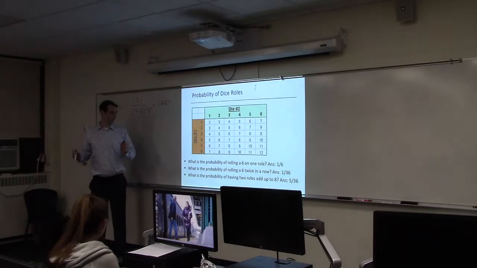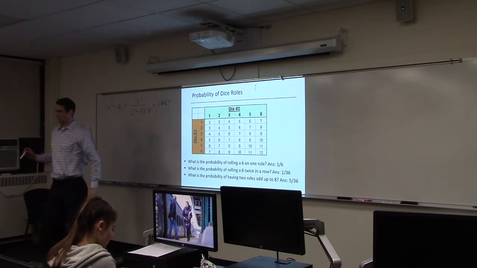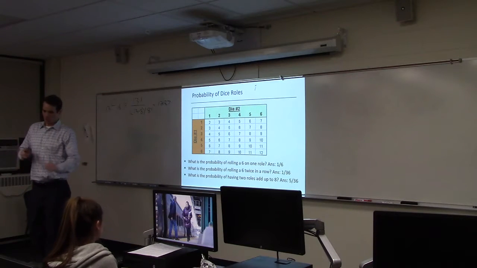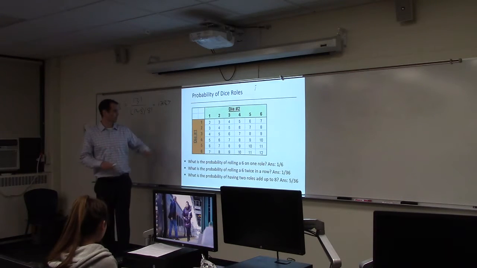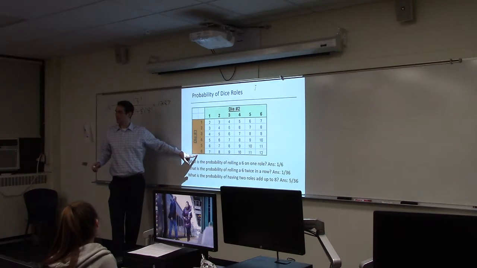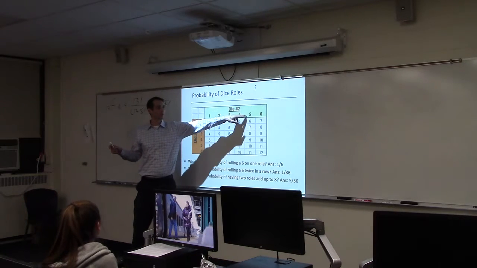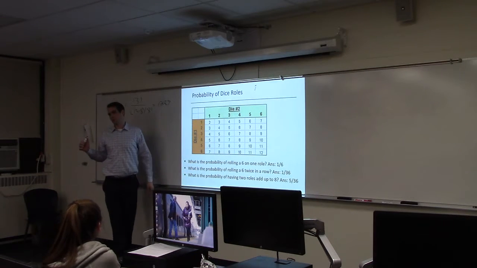Okay. Let's think about rolling 2 dice instead of 1. So I'm going to roll a die the first time. I'm going to get a 1, 2, 3, 4, 5, or 6. And then I'm going to roll a second die, and I'm going to get a 1, 2, 3, 4, 5, or 6.